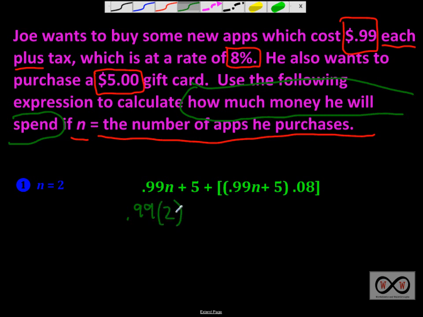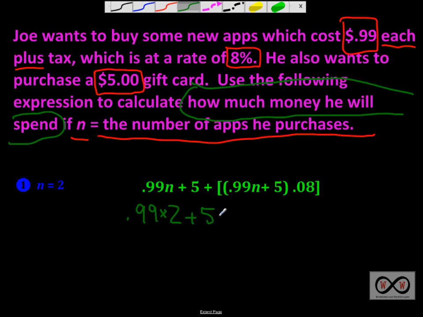You write it that way. You could also write it 99 cents times 2 plus 5. And the 5, if you look at that expression, stands for our constant, which is the $5 gift card that Joe is going to buy. Again, 99 cents represents the price of each app. N is the number of apps he's going to purchase.